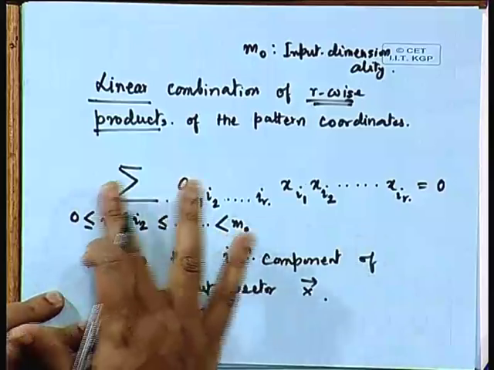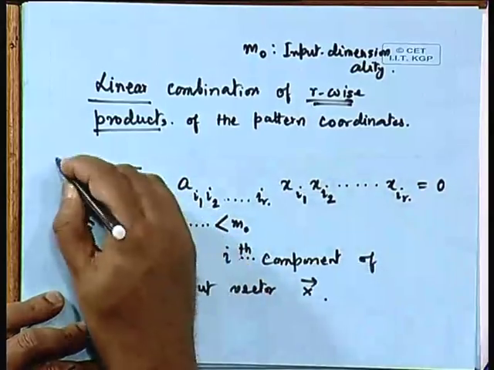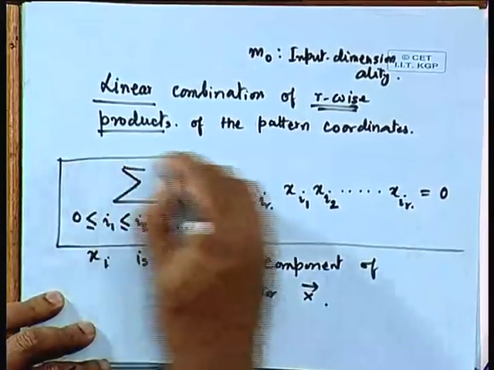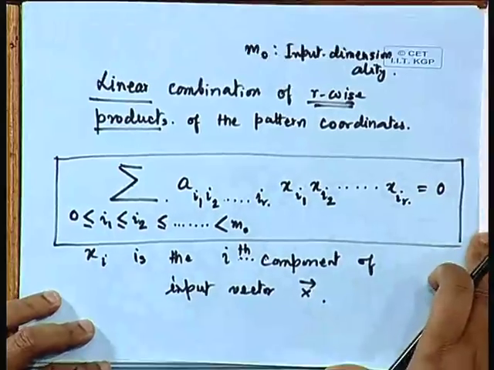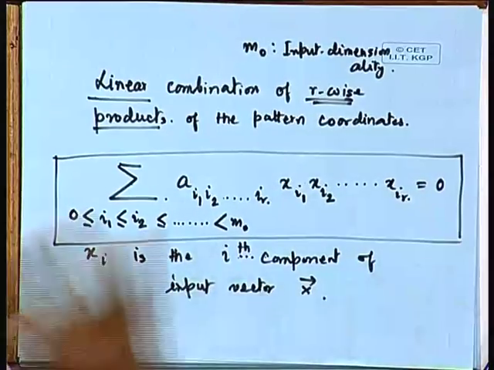So, that means to say that in this equation that I have written, this involves all the terms, all the higher order terms also are included in this basic definition itself, this summation.